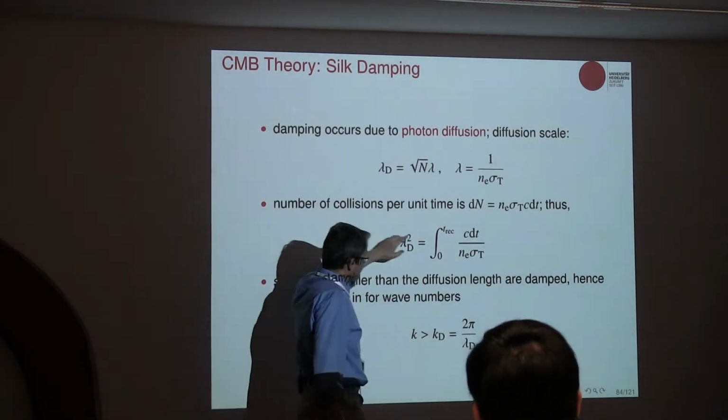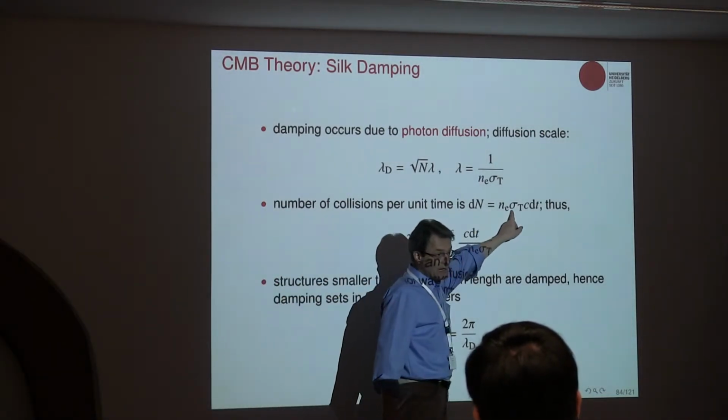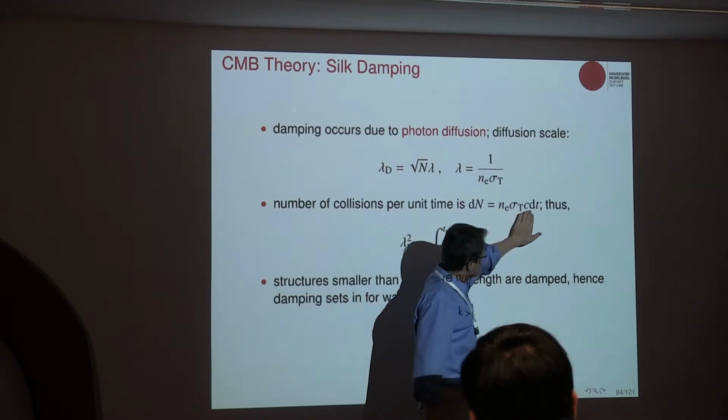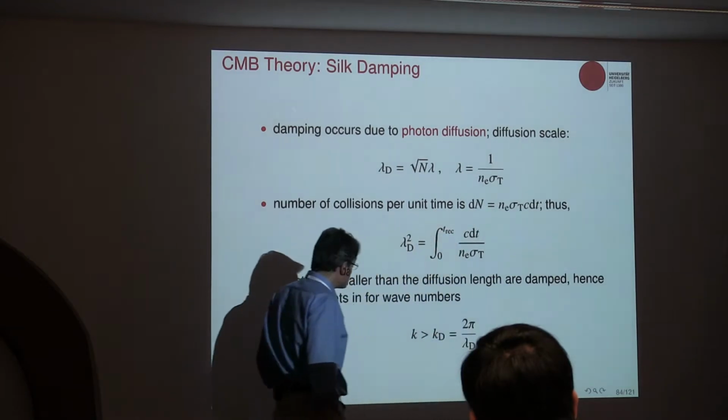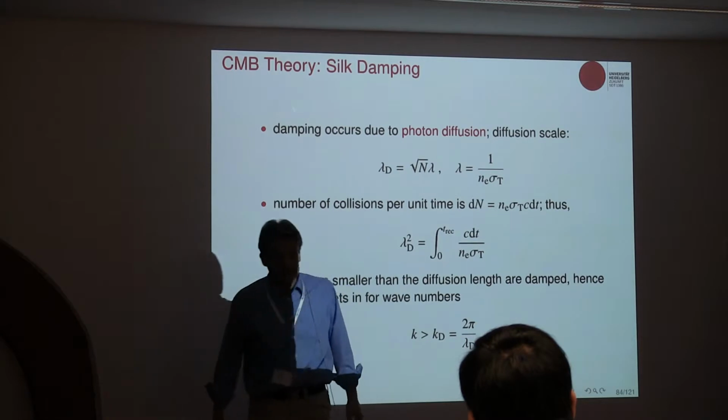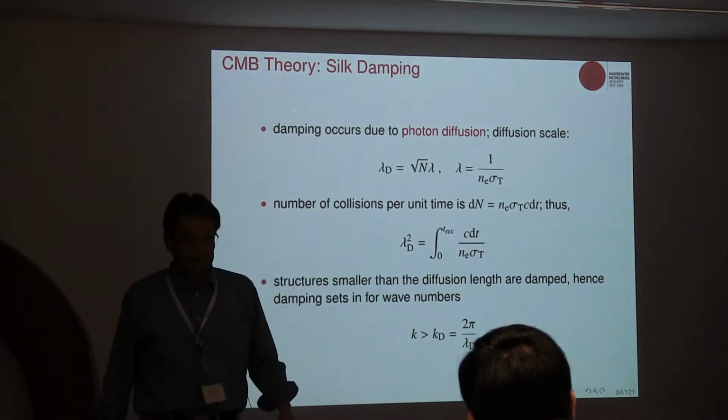All right. So the number of collisions per unit time is given by this quantity. Also the electron density times the Thomson cross-section times the speed of light, and so on. And therefore, it's very easy to calculate the square of the diffusion length.